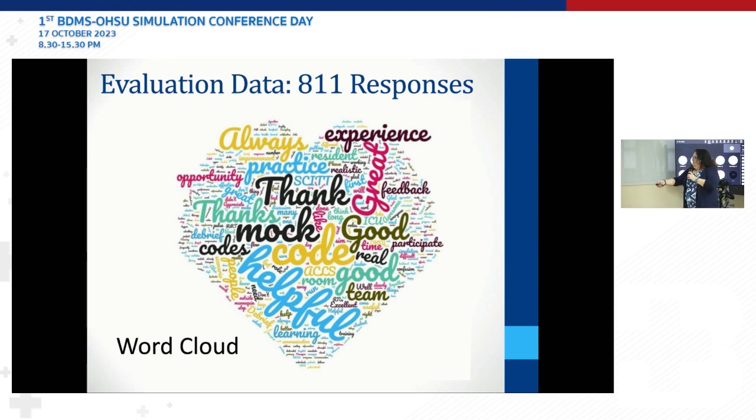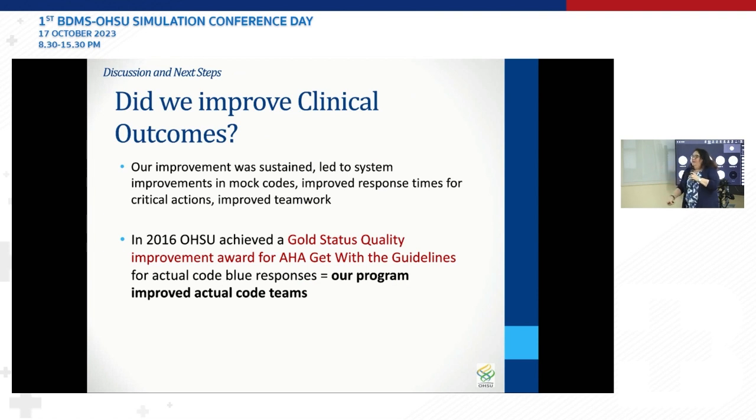So I'm just finishing up, let's see. So did we improve clinical outcomes, right? So I said that what we're trying to do is actually improve how we do in real life. So in SCIT, our improvement was sustained. It led to system improvements in mock codes, improved response times for critical actions, such as that time to defib, right? Time to pads, monitor, time to defib.